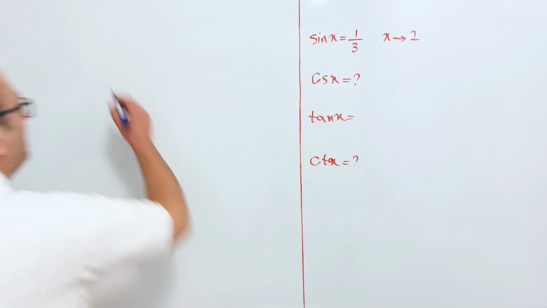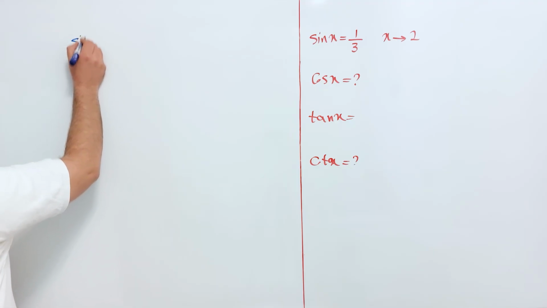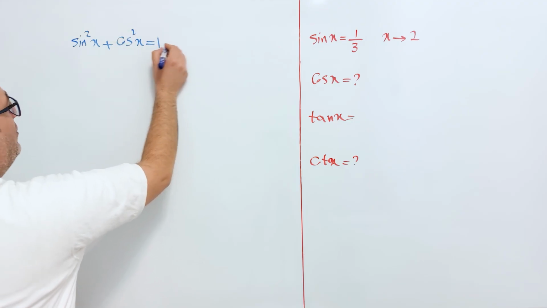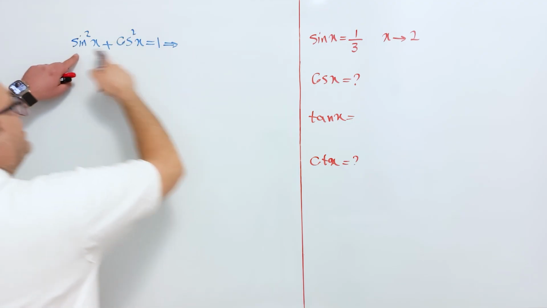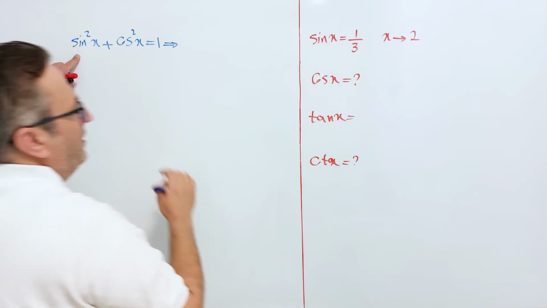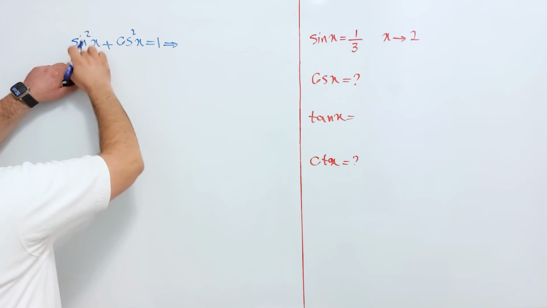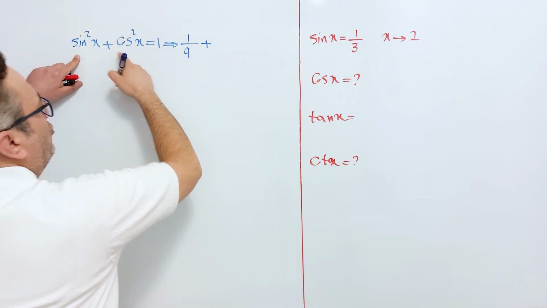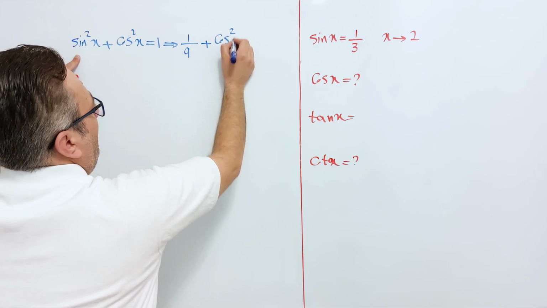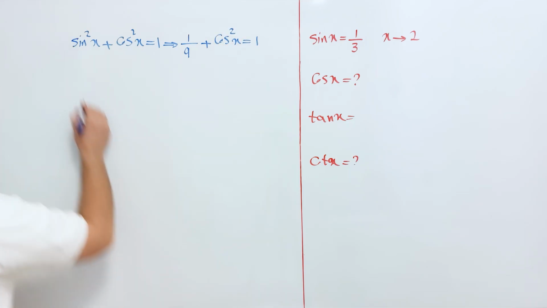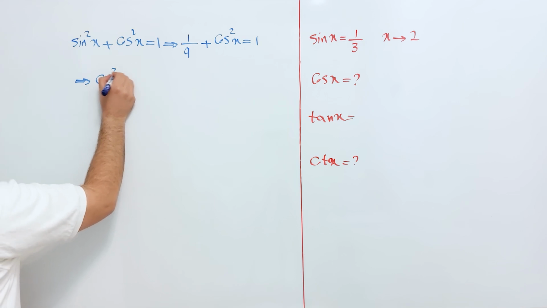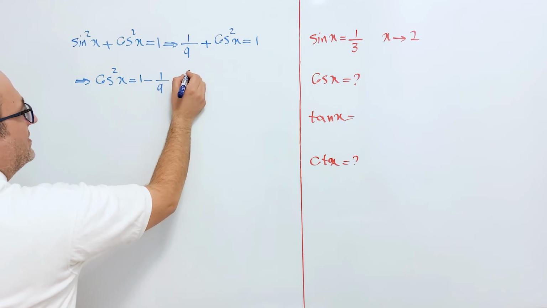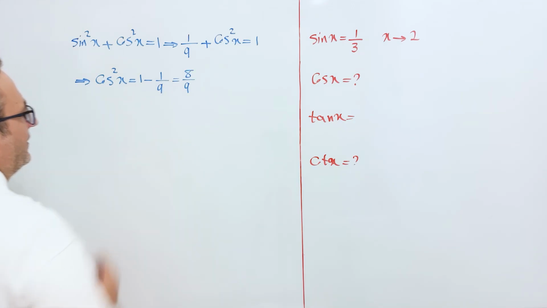So we know that sine squared x plus cosine squared x is equal to 1. Sine x is equal to 1 over 3, so sine squared x is 1 over 9, plus cosine squared x is equal to 1. So cosine squared x is equal to 1 minus 1 over 9, which is 8 over 9.